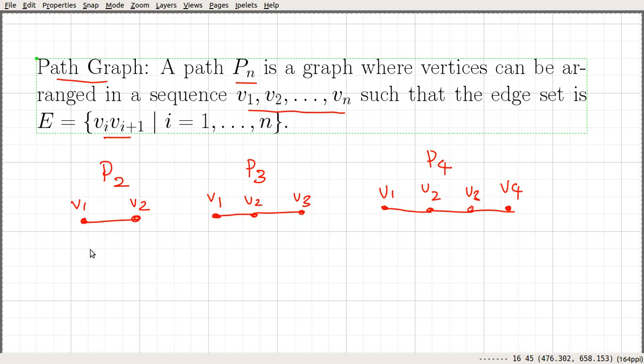If we consider P2, the cardinality of E is 1. If we consider P3, the cardinality of E is 2, and if we consider P4, the cardinality of E is 3. So very easily you can see that if we consider a path graph with n vertices, the number of edges will be n minus 1.